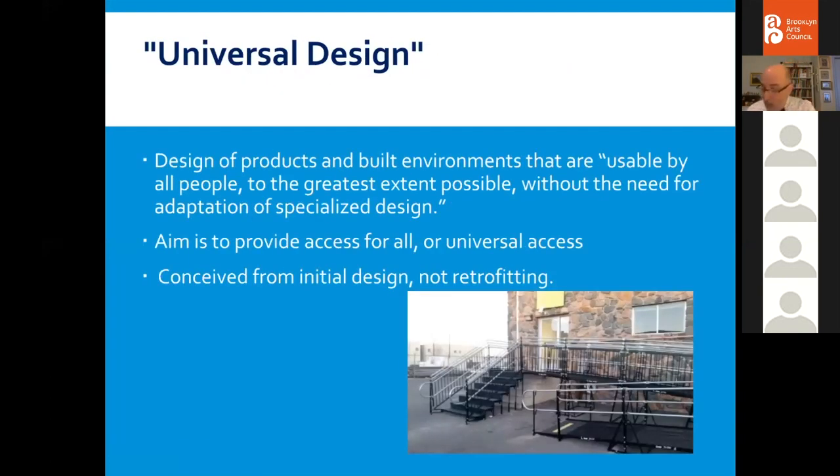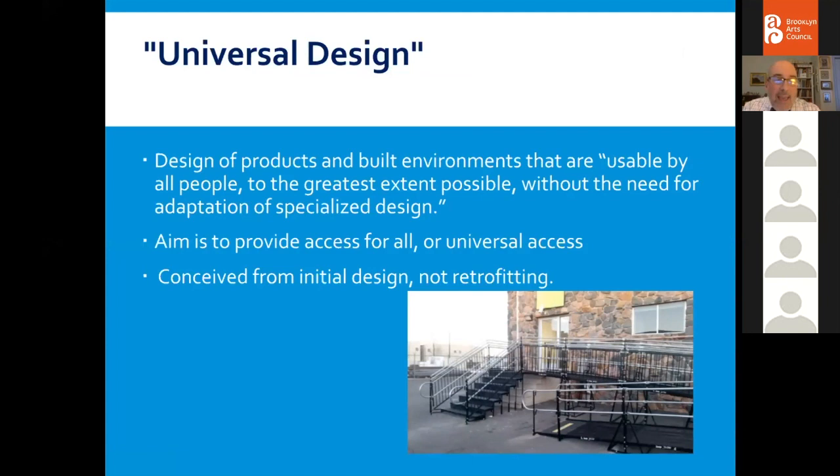Okay, so what is universal design? The phrase universal design comes from another field. It comes from the field of architecture, actually. And the idea, as you see on the screen, is that it should be something that's usable by all people to the greatest extent possible, without the need for adaptation of specialized designs.